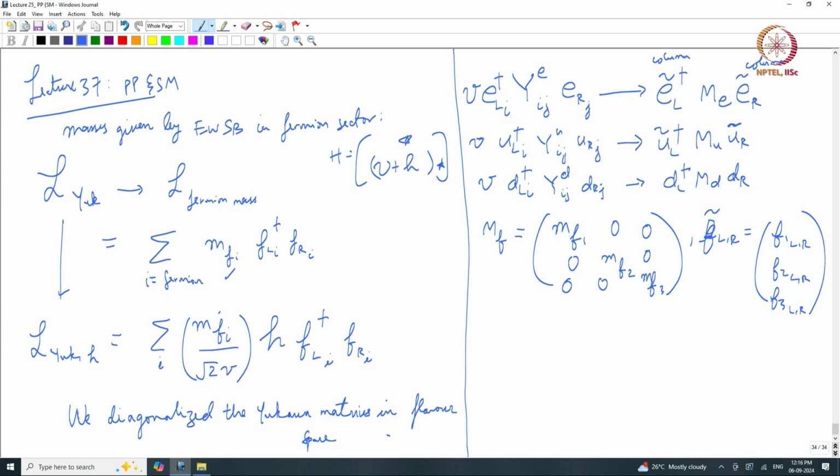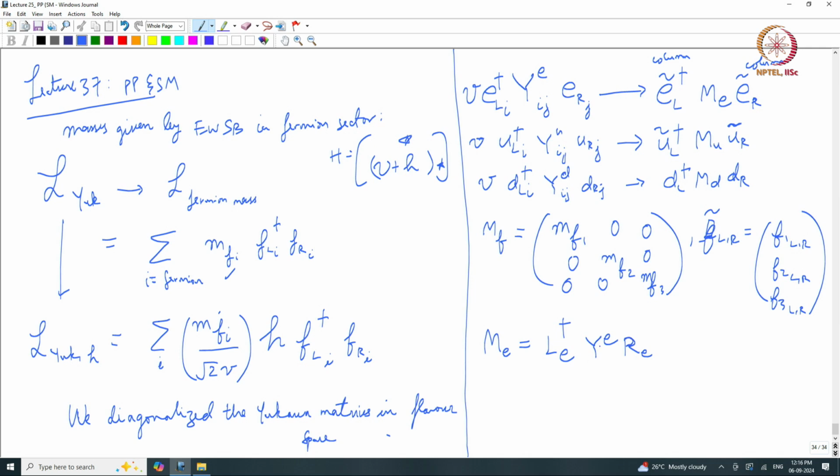So, what does it mean to have diagonalized the matrices? It means I used some unitary matrix to take the Y_E matrix.